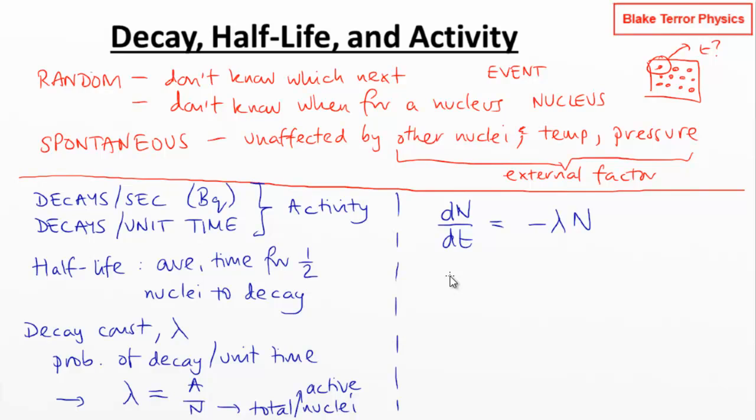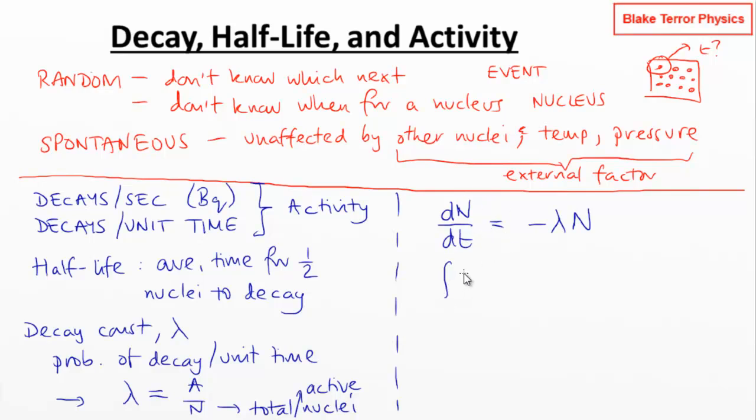The number of active nuclei is decreasing with time because they're decaying to then be non-active nuclei, or active in a different way with a different decay constant because they're a different radioactive source. So we're only looking at one particular source. How is that changing? We've now got this differential equation, and we can solve it.